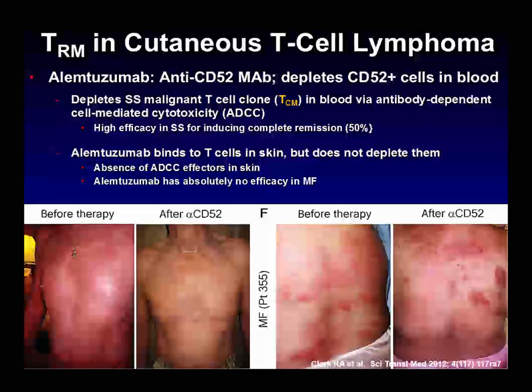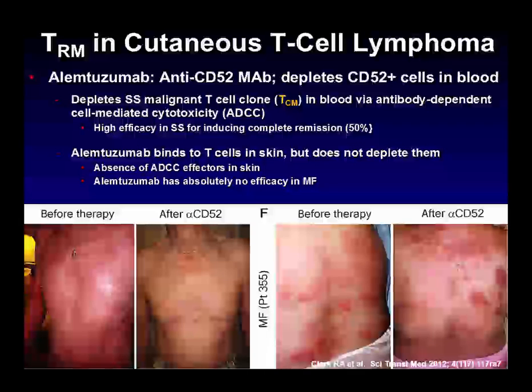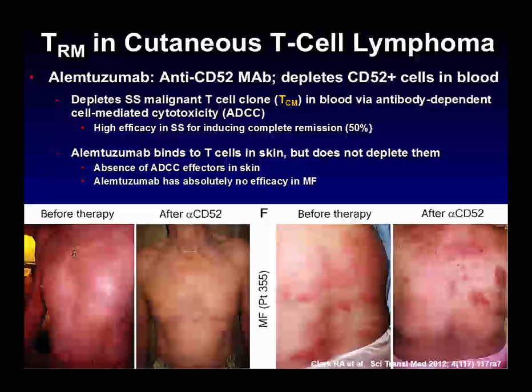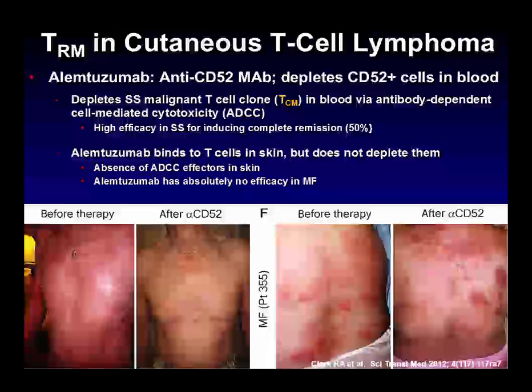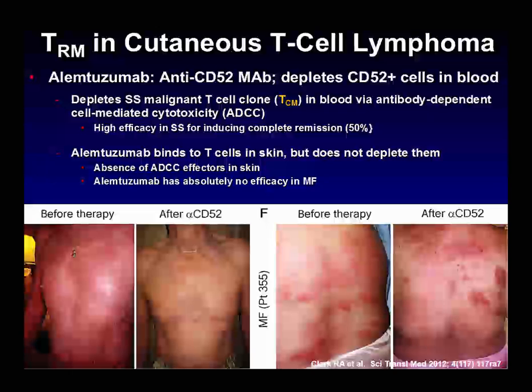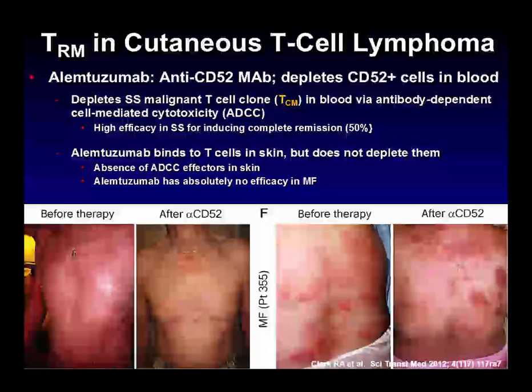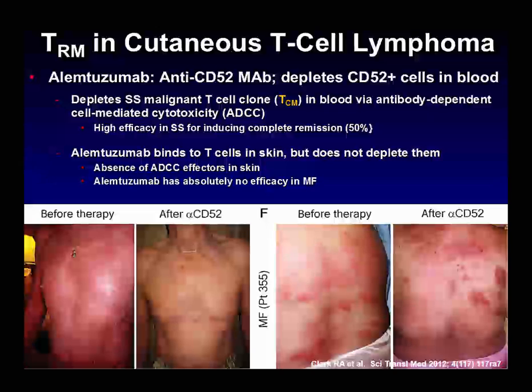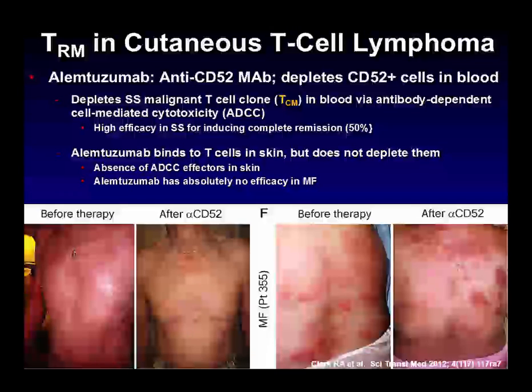And it does this in the blood via antibody-dependent cell-mediated cytotoxicity that requires neutrophils and some other cells like natural killer cells. And it has recently been shown to have pretty high efficacy, upwards of 50%, in patients with Sézary syndrome for inducing a complete remission.